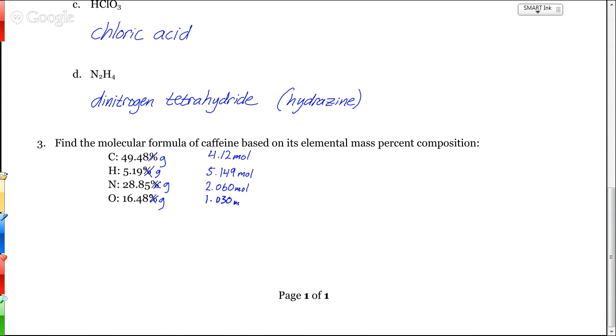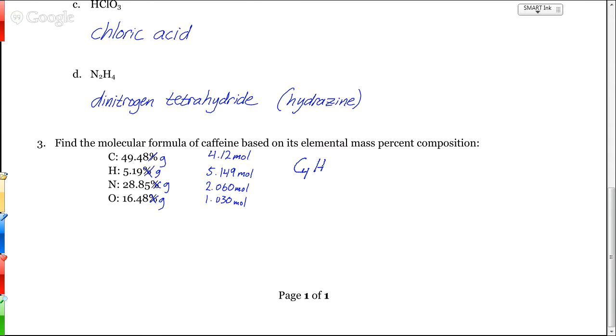Something like that. Does that look right? So then what do we do to figure out the formula? Now we've got the moles, so now we know the count relationship. So we're going to divide by the smallest one. Well, this is actually kind of easy because the smallest one's about 1. So we're dividing everything by about 1, which means they're going to keep about those same numbers.